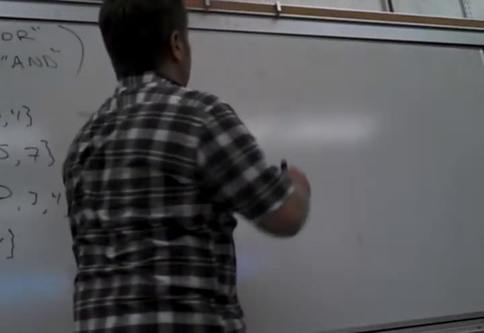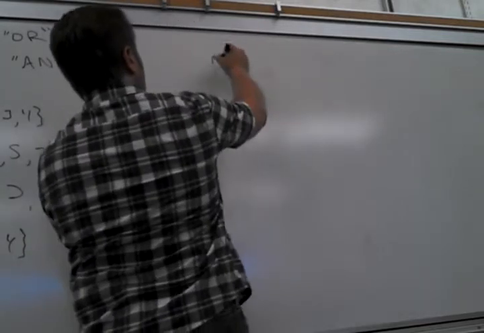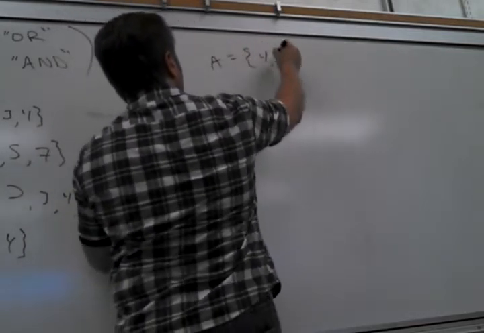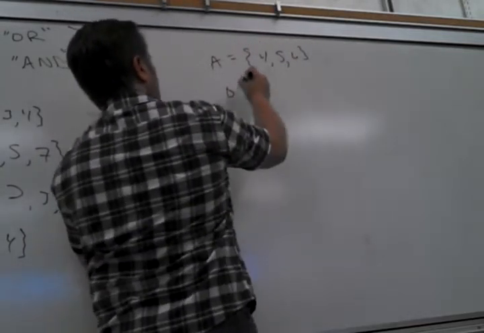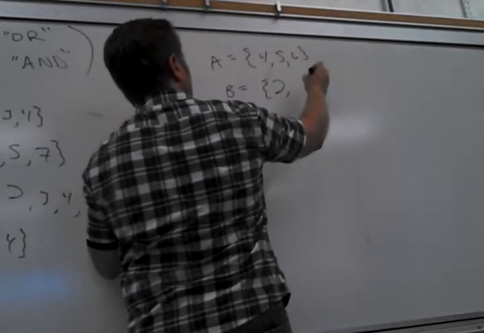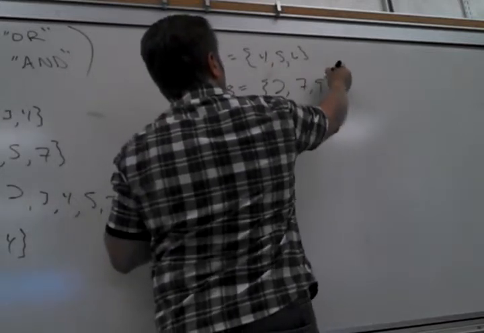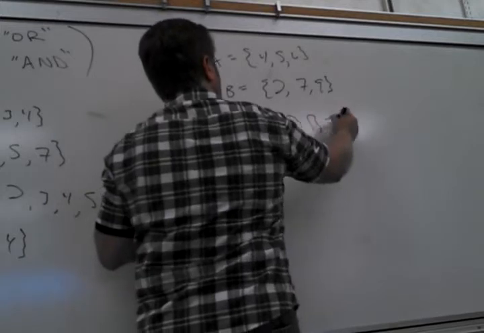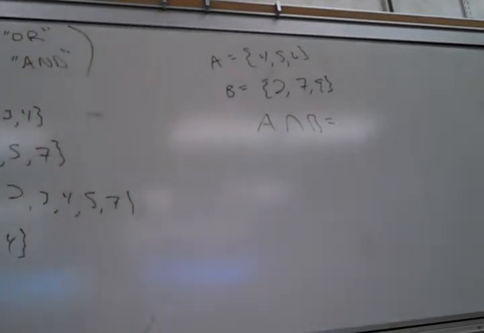Oh, and if I said, here's A is 4, 5, 6, and B is 2, 7, 9. What's that? No solution. 4, 5, 6, 2, 7. Careful. And is the evil guy. You got to be both. Is anybody both?